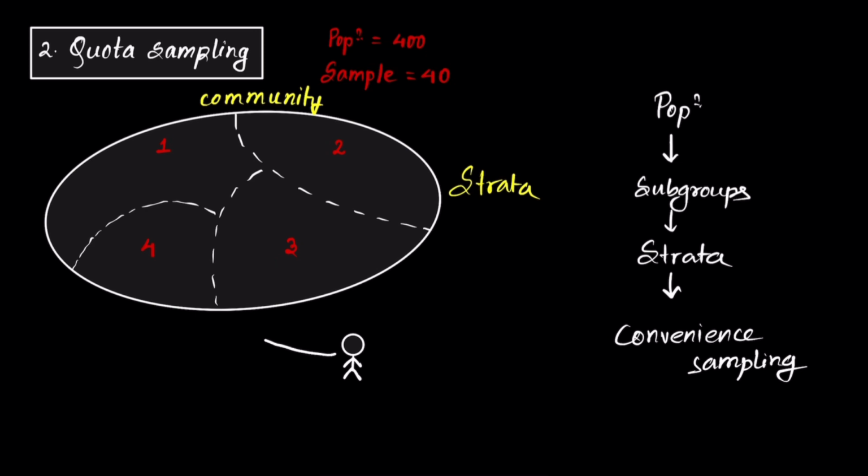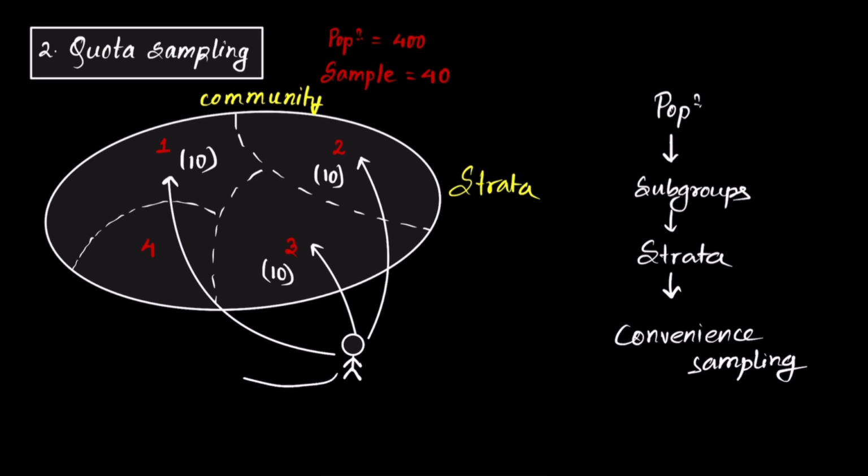So the researcher goes to the first strata, carries out convenience sampling, and let's say collects a sample of 10 individuals, then goes to the second strata, again carries out convenience sampling and collects 10 individuals, goes to the third strata, carries out convenience sampling and collects 10 individuals, goes to the fourth strata, and finally carries out convenience sampling to collect 10 samples.